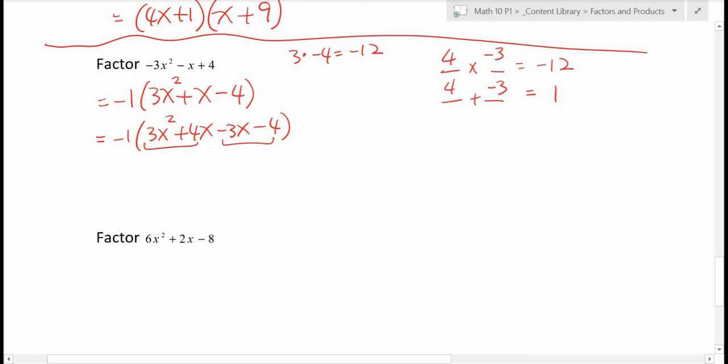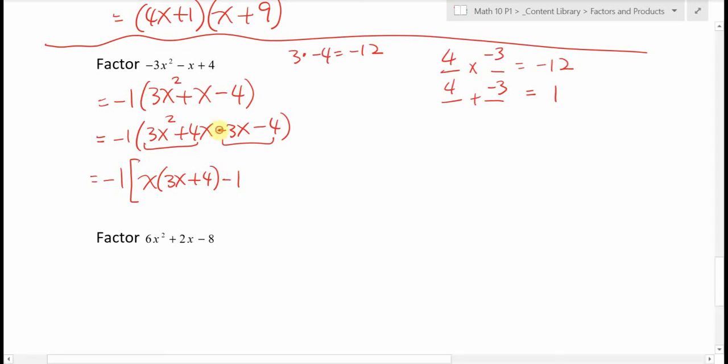Now we're going to factor by grouping. For the -1, I'm going to keep it out there. Here, I'm going to put a square bracket now, okay? We can take out the common factor of x, and then you should end up with 3x plus 4. Here, there's nothing that goes into those terms, so remember, nothing goes in means you're going to write down 1.